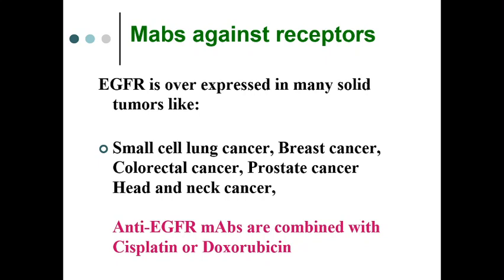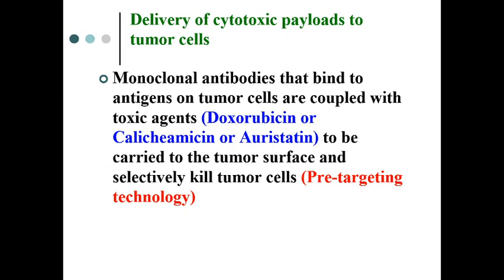By conjugating the monoclonal antibody against the EGFR receptor with the chemotherapeutic drug, one can specifically kill those tumor cells in the patient and avoid systemic toxicity.